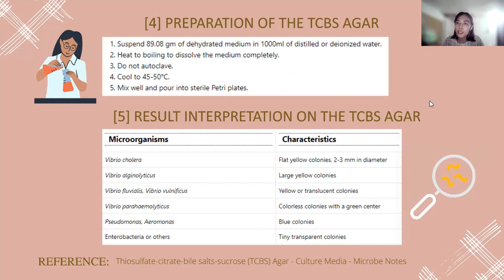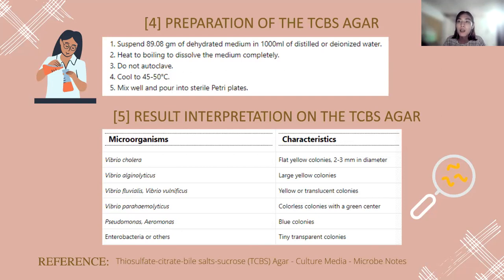Because again, as I mentioned a while ago, we can buy a prepared product of TCBS agar in different stores or microbiological stores that sell this type of agar. So first, we have to suspend 89.08 grams of dehydrated medium in 1000 ml or 1 liter of distilled or deionized water. So that's easy.